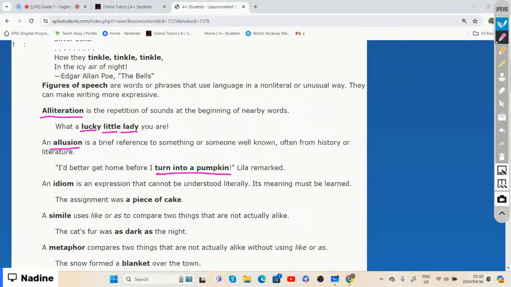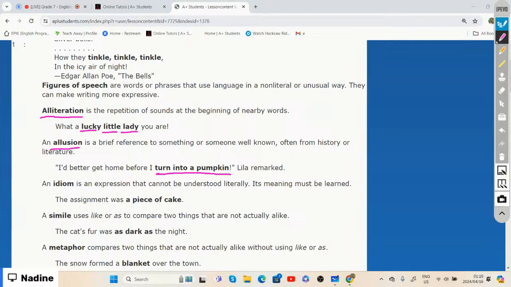So I'd better get home before I turn into a pumpkin is some form of expression that is being used, based on literature or on history that we have read already. That's an allusion.